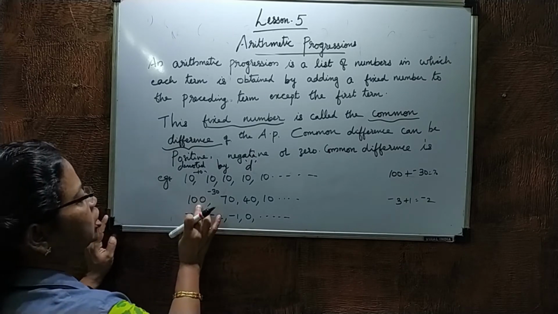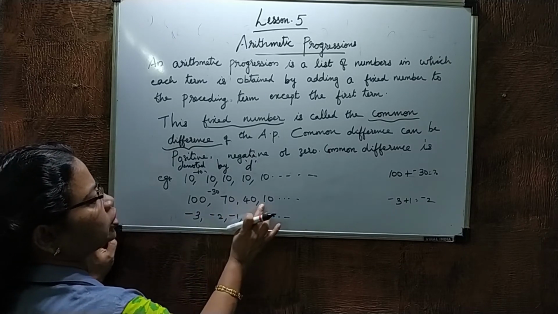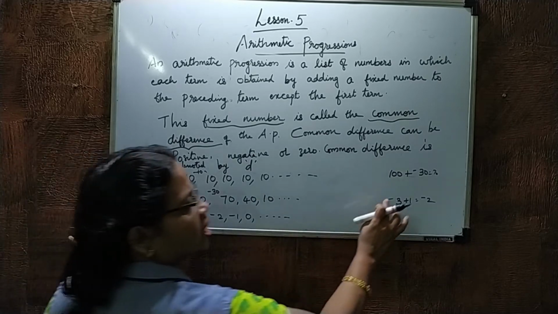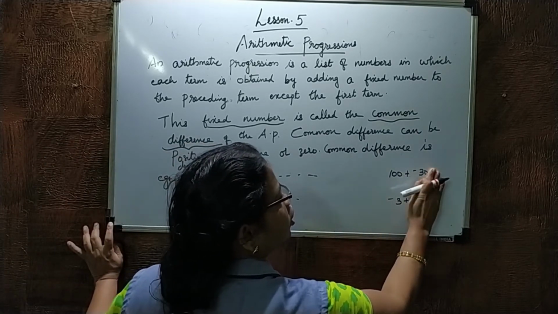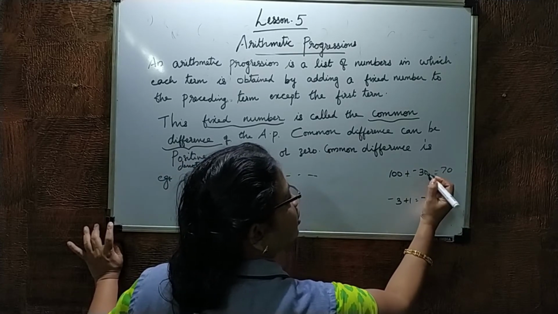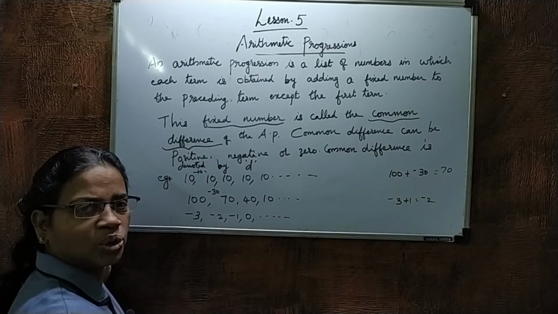Same thing here, look, 100, 70, 40, 10, etc. 100 plus negative 30, you will get the answer 70. Right? Yes or no?